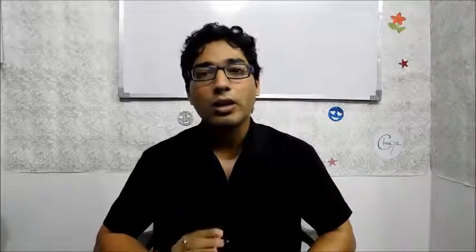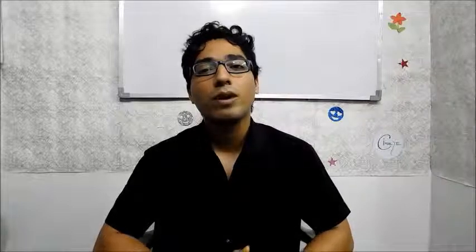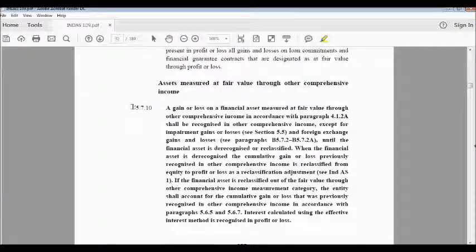And what about the derecognition? When you derecognize the category fair value through other comprehensive income, how will you account for it? Paragraph number 5.7.10 says when the financial asset is derecognized, the cumulative gain or loss previously recognized in other comprehensive income is reclassified from equity to profit or loss as a reclassification adjustment.